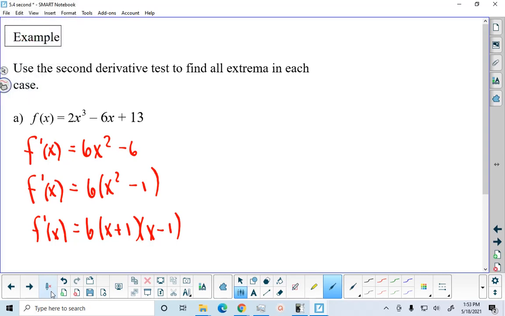So the critical points, where the first derivative equals 0, are at x equals 1 and x equals negative 1. Are you fine with the work so far? No questions.